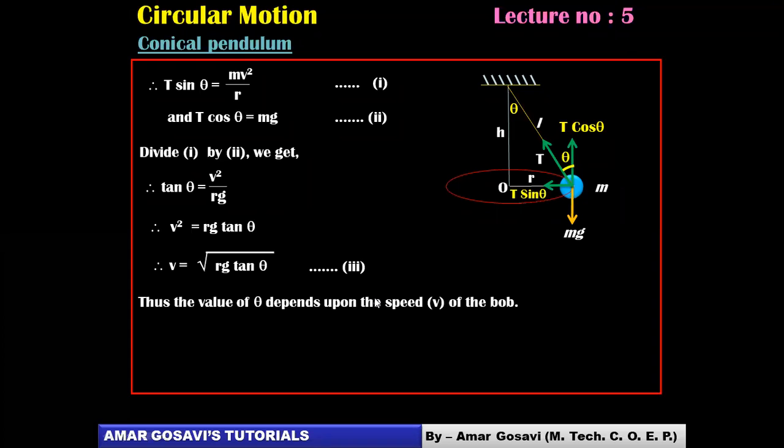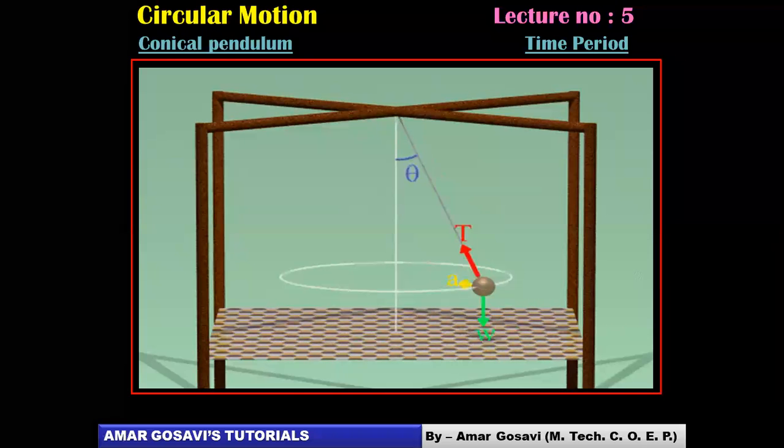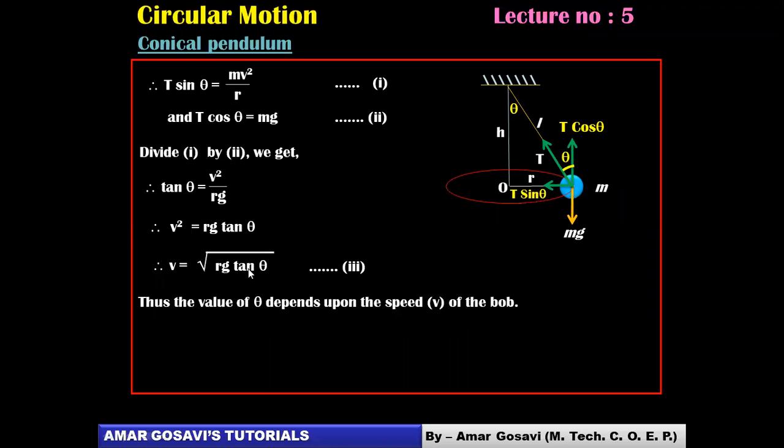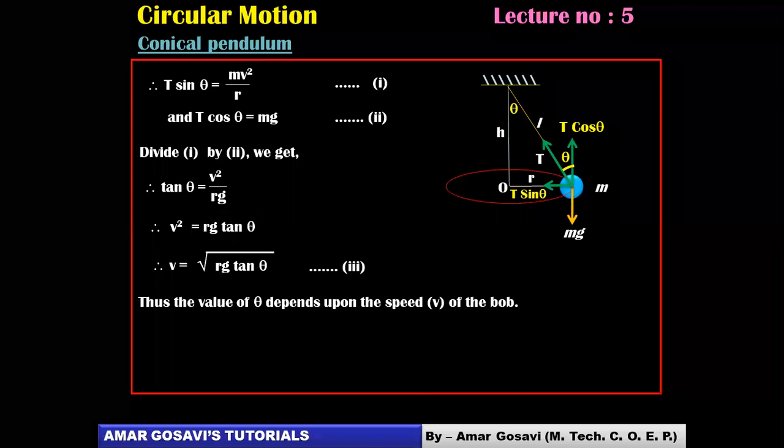The value of theta depends on speed: the more the speed, the more the value of tan theta. So please make a note of it before I show you the next slide, and let me know once you're done with it.